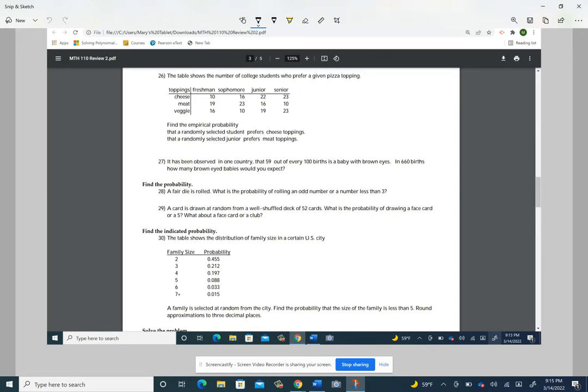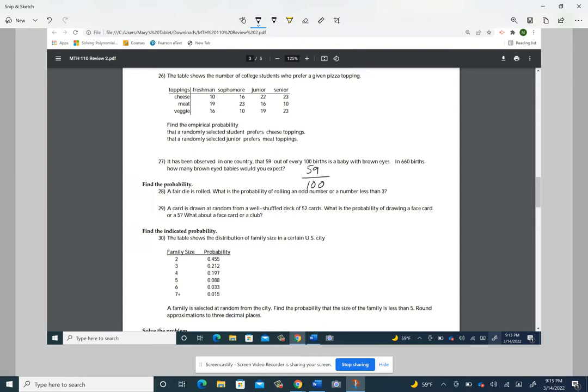All right, so on 27, it says, in one country, it was observed that 59 out of every 100 births is a baby with brown eyes. Okay, so the probability of having a baby with brown eyes would be 59 out of 100. And then it's asking, okay, so in 660 births, how many brown-eyed babies would you expect?